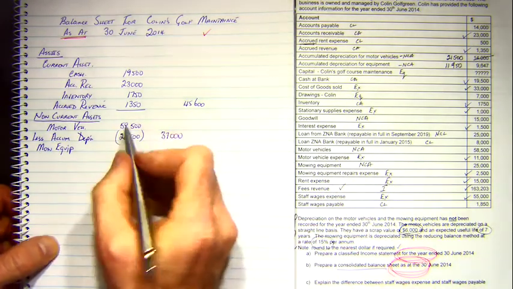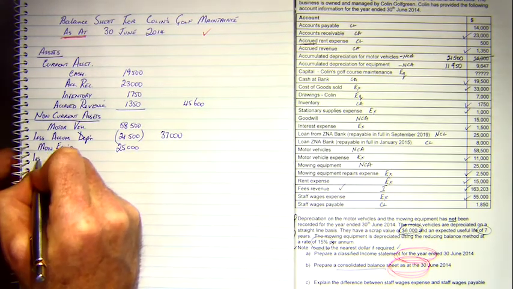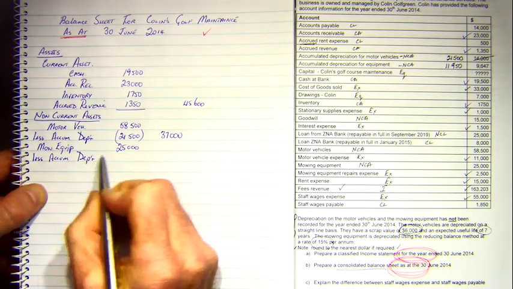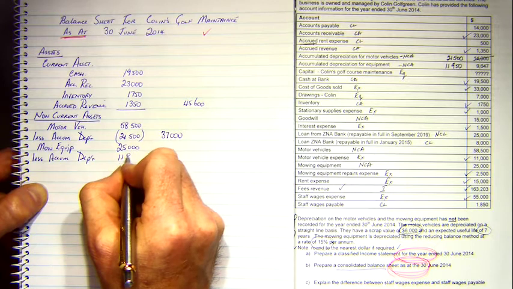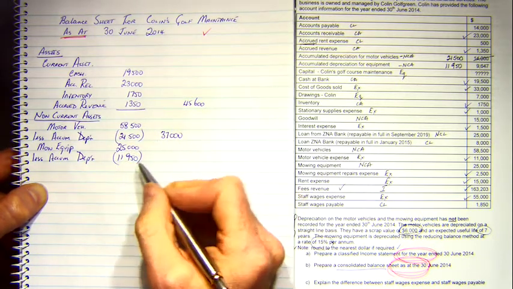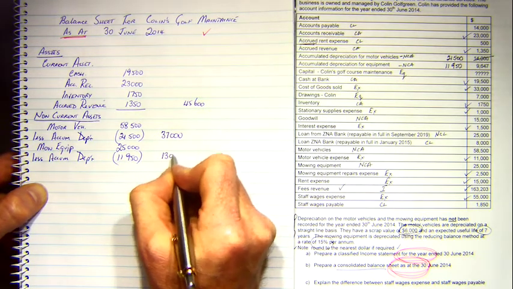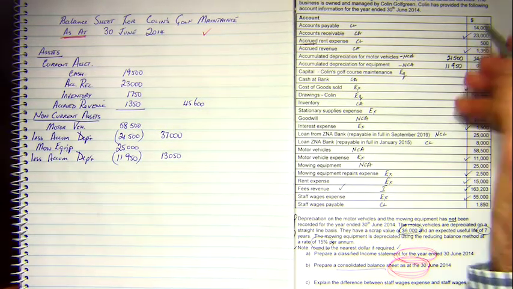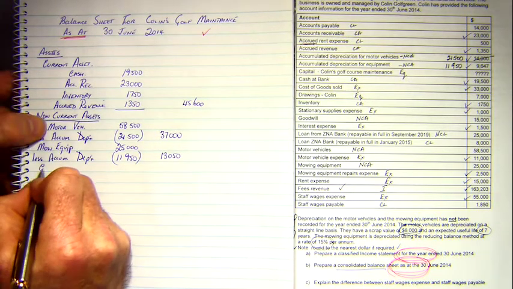I'm going to do my mowing equipment. My mowing equipment came in at 25,000, less my accumulated depreciation again, which was 11,950. So that'll leave me with 13,050. I've got to tick these two off. Goodwill.